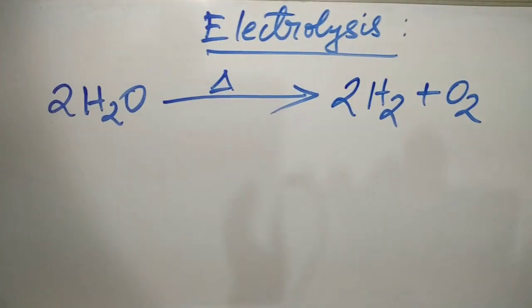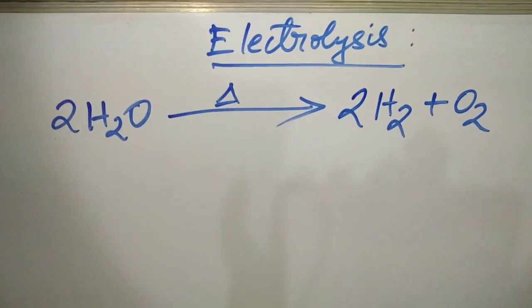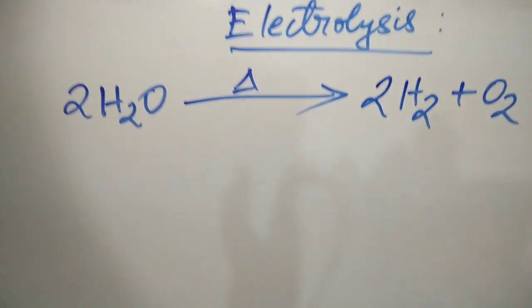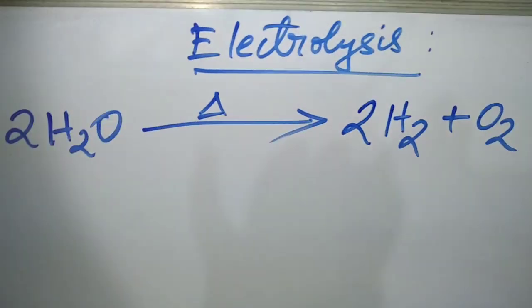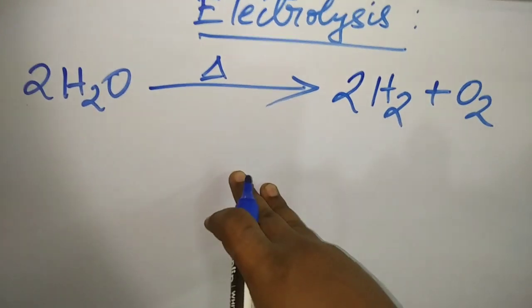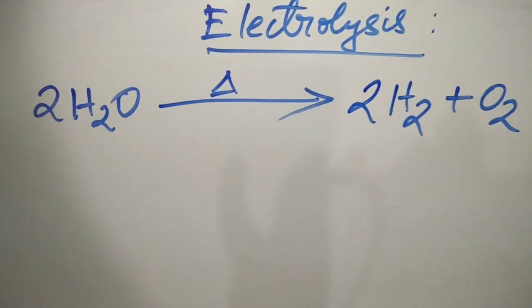Now students, I'm talking about the electrolysis reaction, so why did I move to the heat decomposition reaction? Here is the funda, students. When we are giving heat, you know what the temperature is?